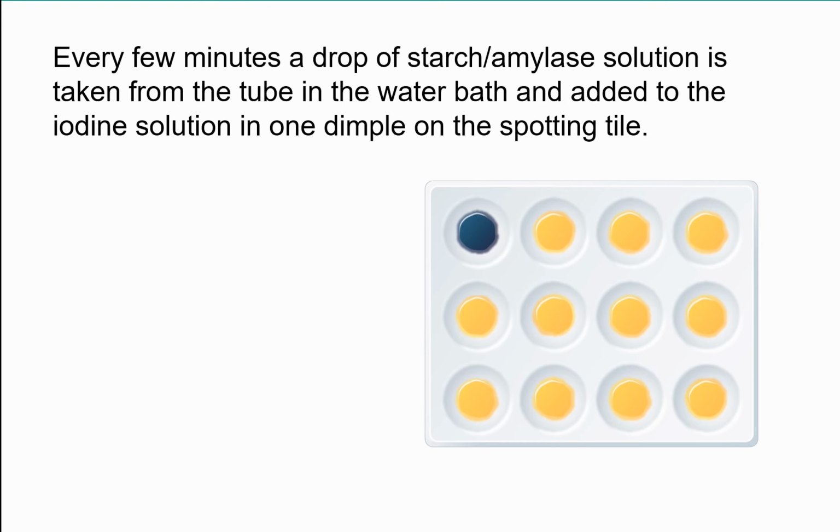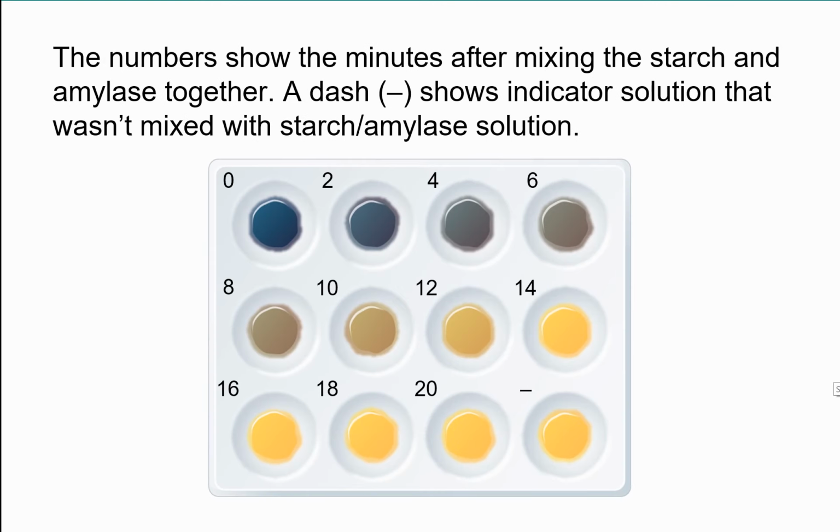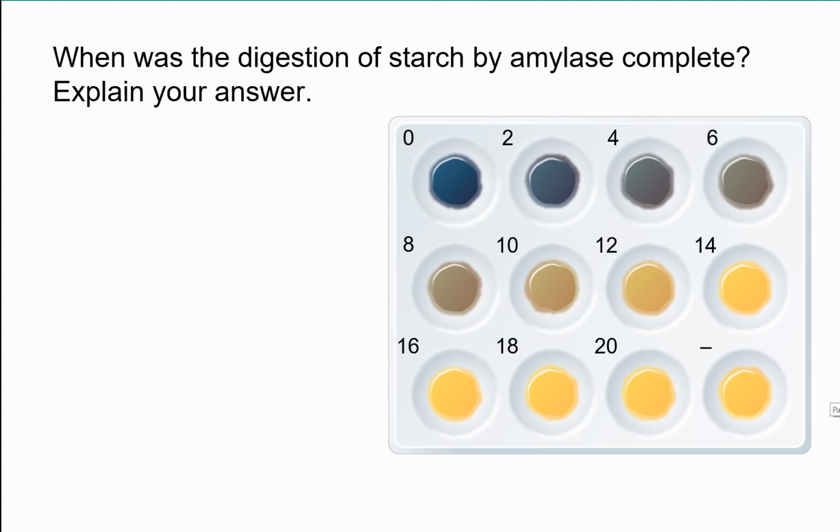These dimples are labeled according to the time. 0 means the first instance of time, 2 means after 2 minutes, 4 means 4 minutes, 6 and so on. So we are looking at the behavior. The numbers show the minutes after mixing the starch and amylase together. A dash shows the indicator solution, that is only the iodine.